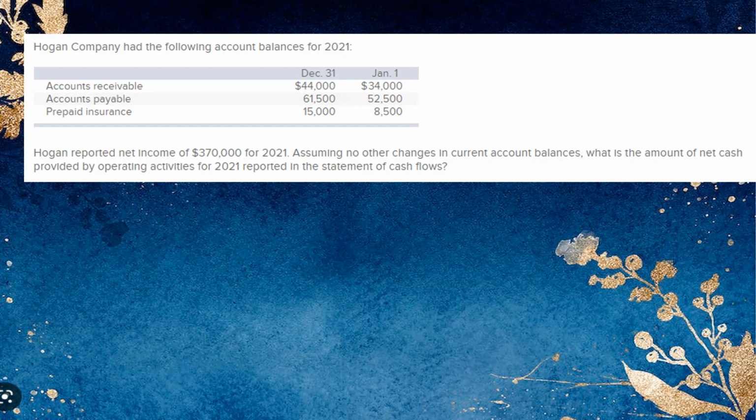Assuming no other changes in current account balances, what is the amount of net cash provided by operating activities for 2021? So we are going to look at, throughout this review, operating activities, financing activities, and investing activities. So make sure you're paying attention to that part.